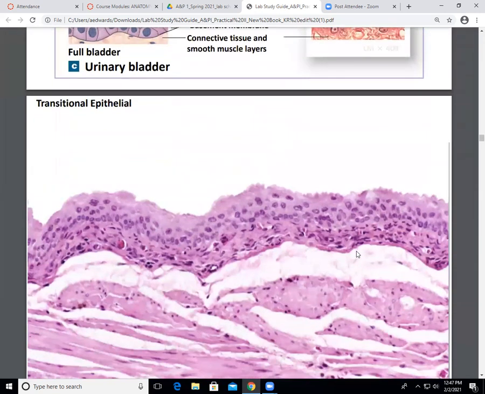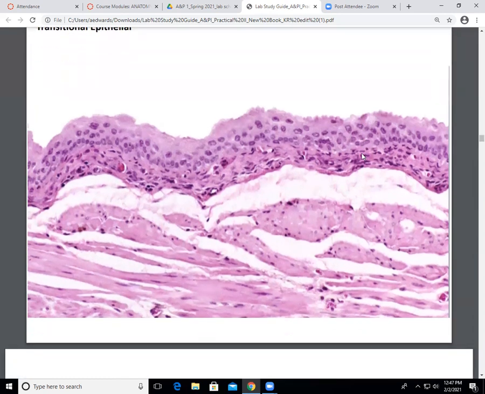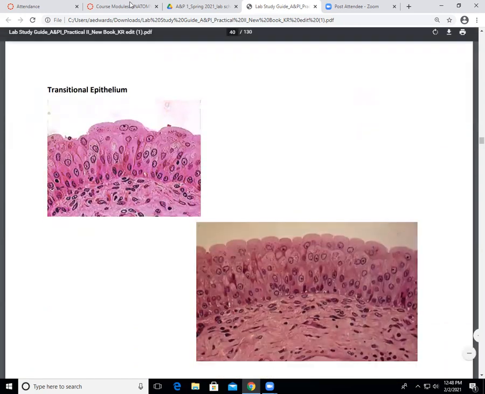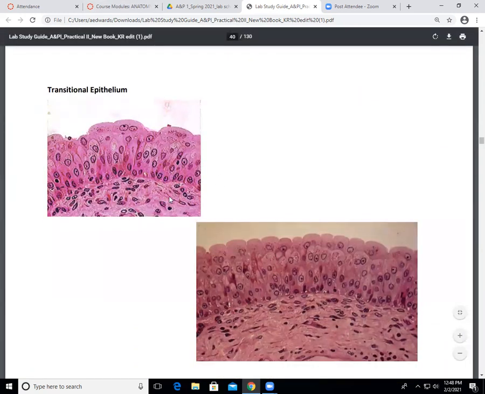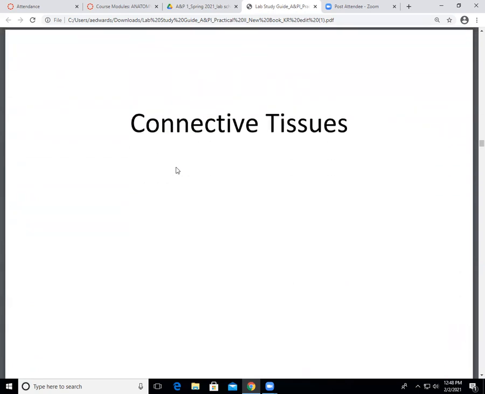Where you find this is in the urinary bladder. This is all jumbled up. It's transitional, because it's transitioning between being stretched and being relaxed, right? Again, it's more in the relaxed state. So that's epithelial tissue.